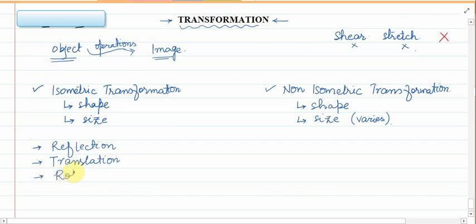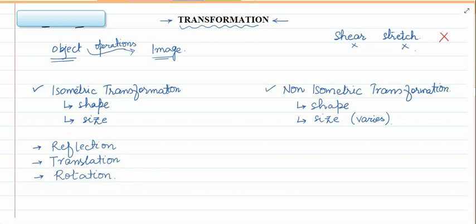It means that in these three transformations, we have the same shape and the same size, but a different orientation. And when we talk about non-isometric transformation, we are going to deal with enlargement.